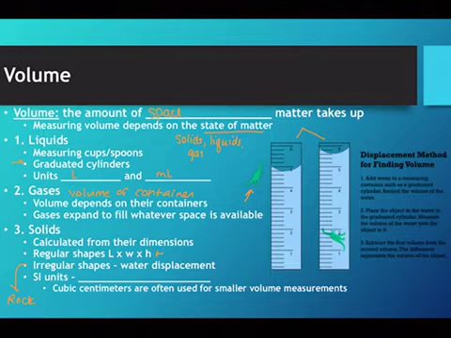If we have an irregular shape, that would be like a rock, or in this case up here, we have this dinosaur figurine. We'd have to use the water displacement method. And so the water displacement method is described on the right-hand side here. You begin by adding water to a measuring container, such as a graduated cylinder, and you would note how much water.